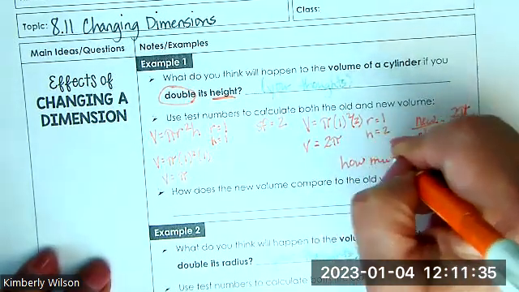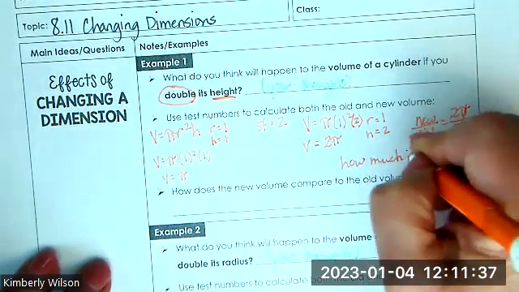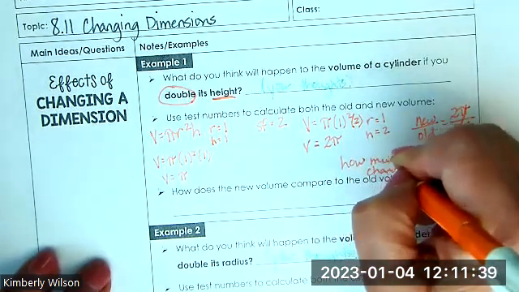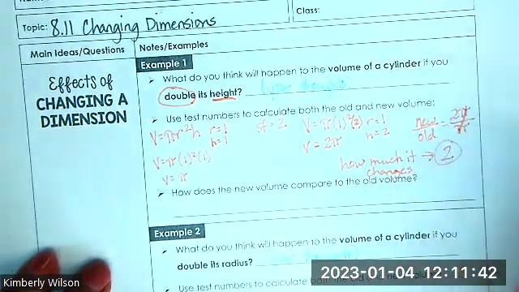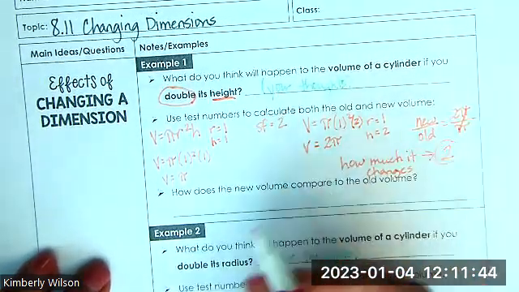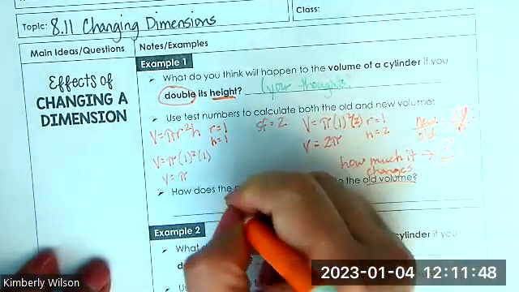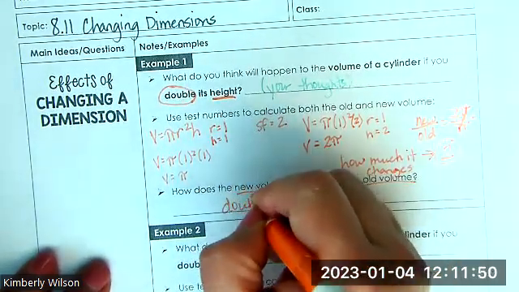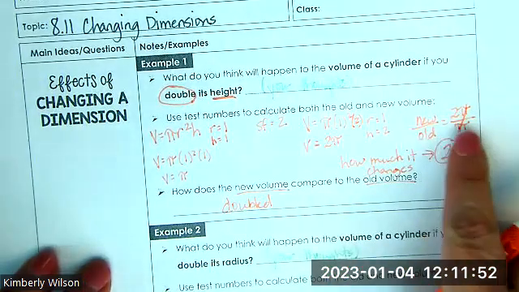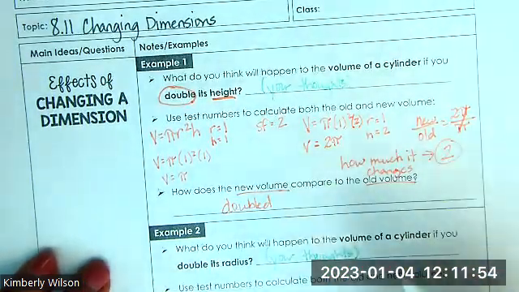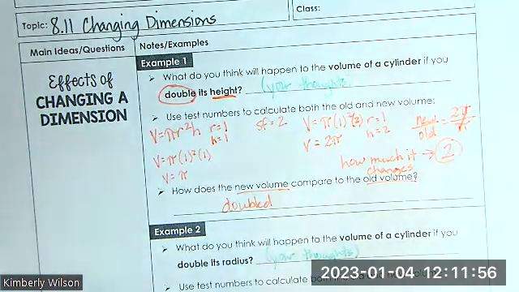So how does the new volume compare to the old volume? It's doubled. I know you can see this real quickly here, but I'm trying to teach you how to figure it out when it's a more difficult problem.